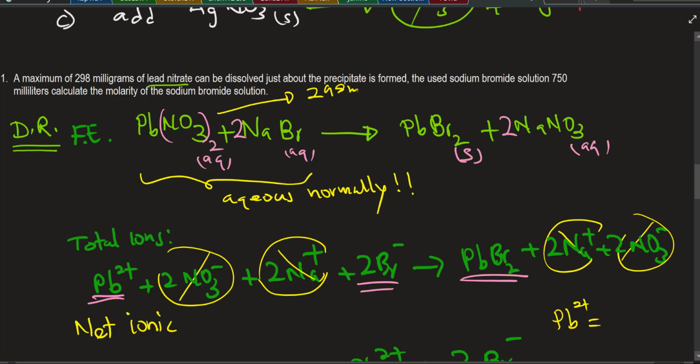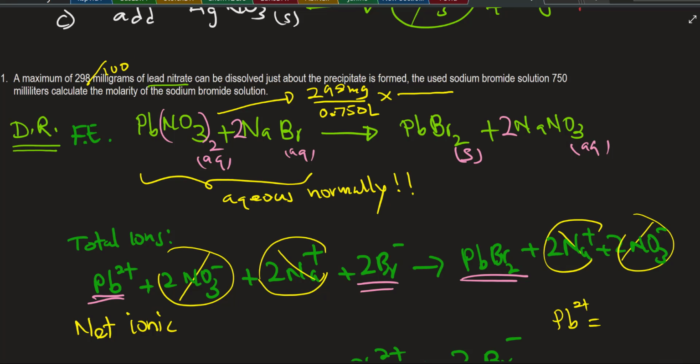Let's do it separately. So 298 mg dissolved in the 750 milliliters. I will plug in as liters, 0.75 liters. That's the best way to write that data. Now you have mg over liter, but we need moles over liter, right? So what we can do, just convert to grams. Divide 298 by 1000, you get 0.298 grams.